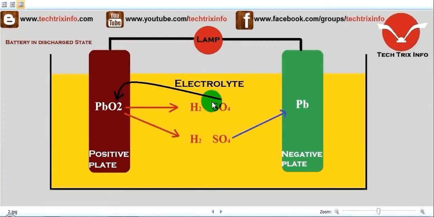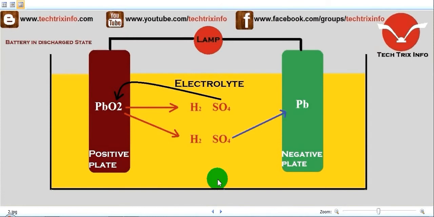The H2SO4 molecule breaks down into H2 and SO4, and the sulfate, that means SO4, joins with the lead in the anode, that means in the positive plate, and it becomes PbSO4, that means lead sulfate. The other sulfate joins with the spongy lead in the cathode, and this also becomes lead sulfate. And here we have 2H2, that means two hydrogen atoms left behind over here. This joins with the O2 in the anode and becomes water.